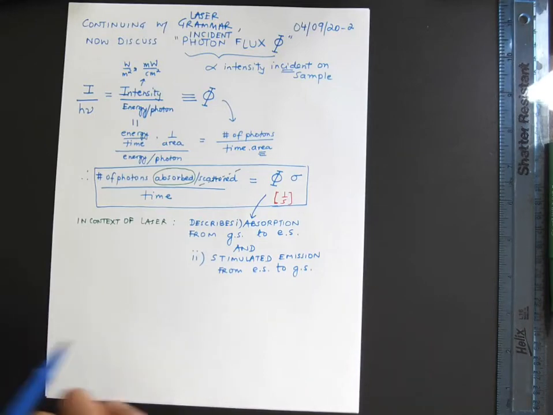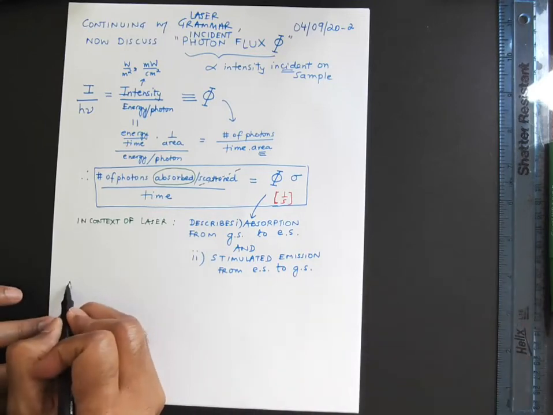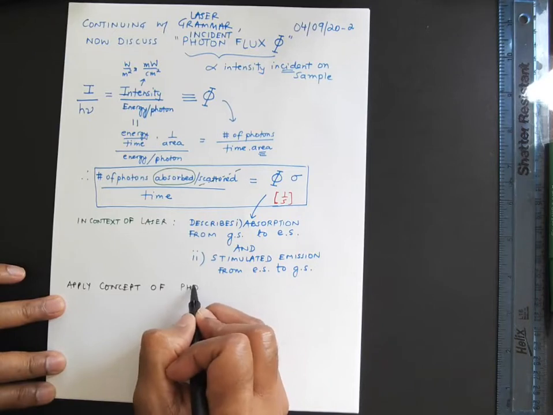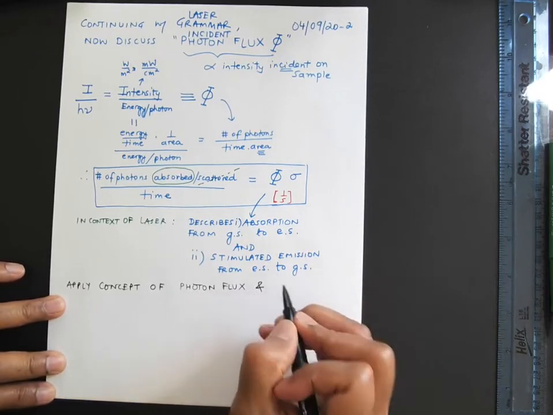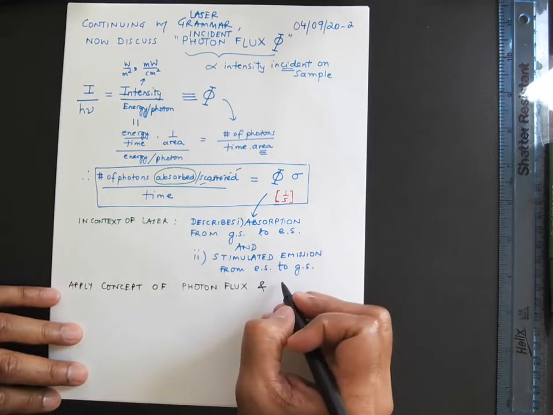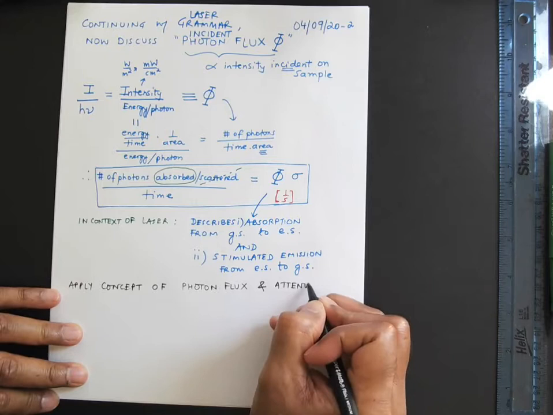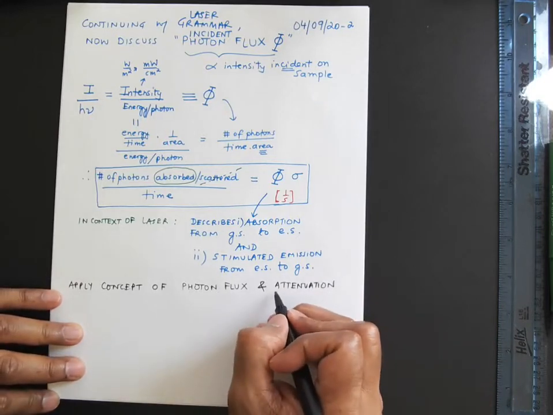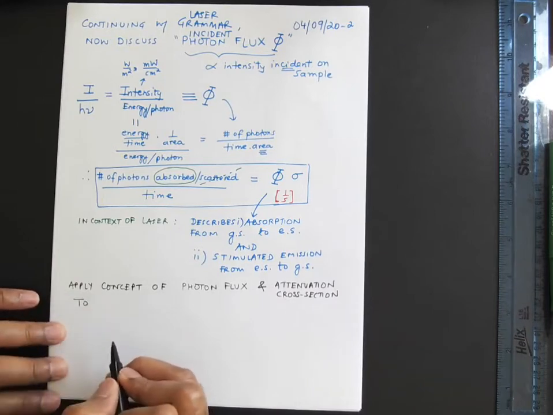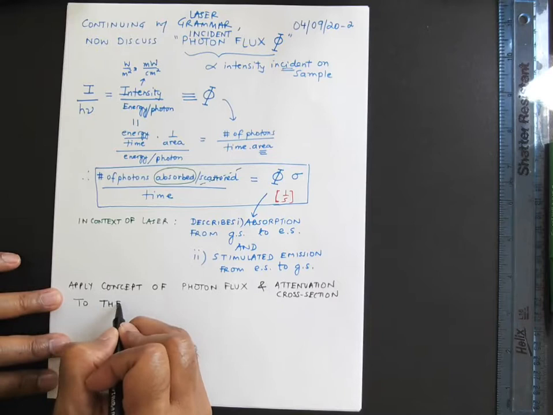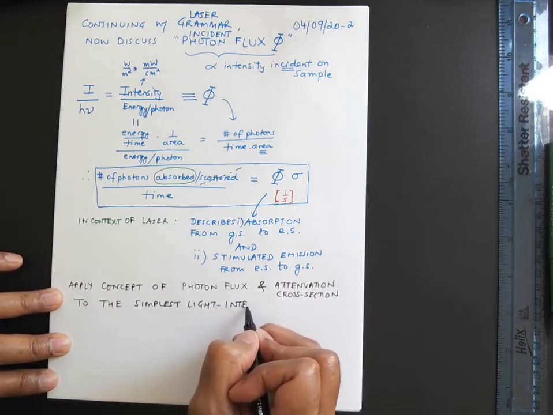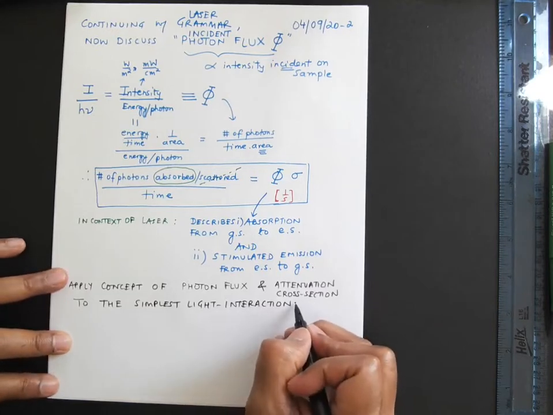And the simplest case, so let's apply these concepts of photon flux and attenuation cross section to the case of a two-level atom, the simplest light-atom interaction, a two-level atom.